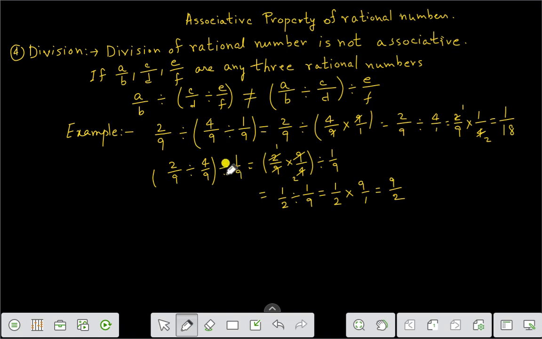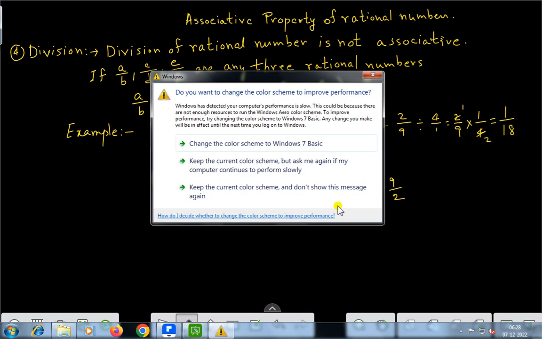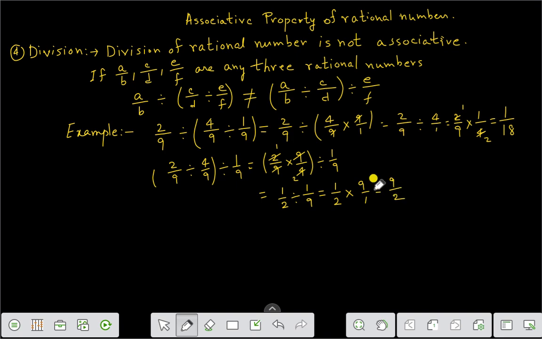Again, you see here, we are getting 2 by 9 divided by 4 by 9 divided by 1 by 9. That is 2 by 9 into 9 by 4. This 9 and 9 cut, 2 2 to the 4, 1 by 2 divided by 1 by 9, or 1 by 2 into 9 by 1, that is 9 by 2. Therefore, this is not equal.